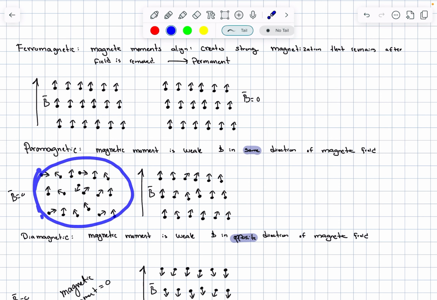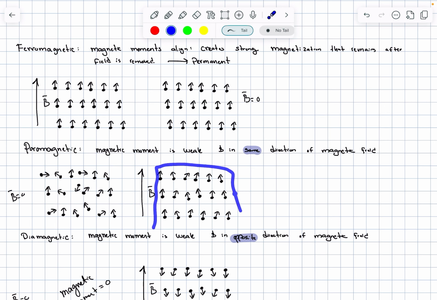So it's not acting like a stereotypical magnet. If you then place it inside a magnetic field, it's going to align with the magnetic field like this. You can see there's a bit of a wobble to it, but in general, they are pointing in this direction. But it is a weak magnetic moment.